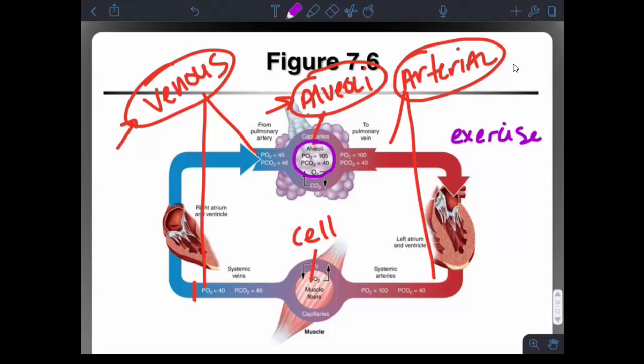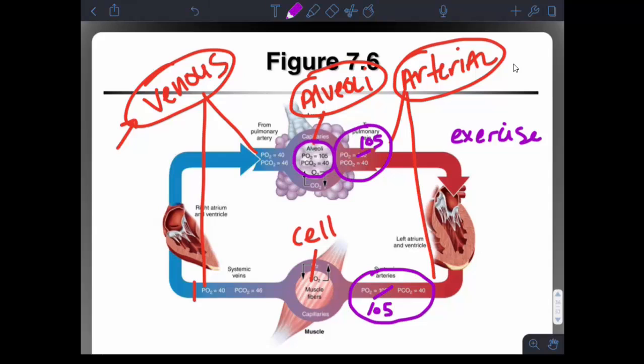And because the blood equilibrates with what's in the alveoli, so what's in the arteries ends up being equivalent to what was in the alveoli, then these numbers, that's 105, are not going to change with exercise. They're going to be the same.